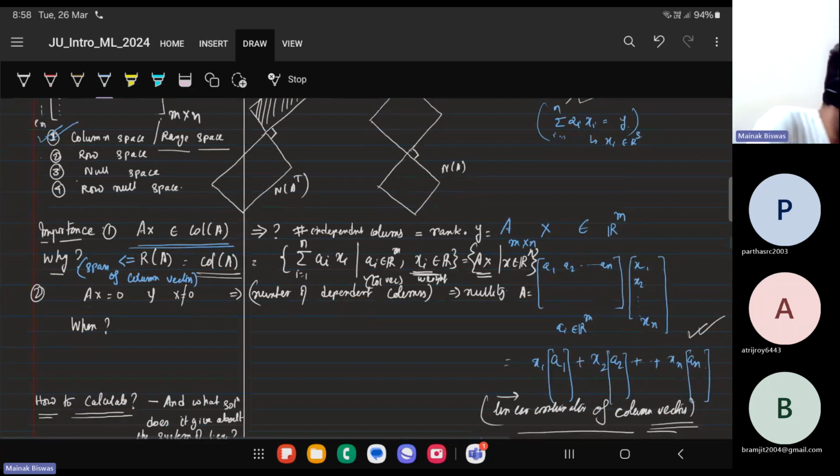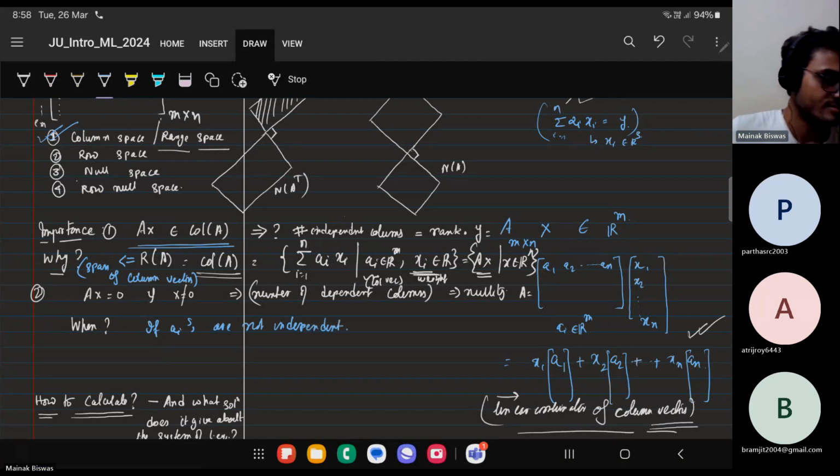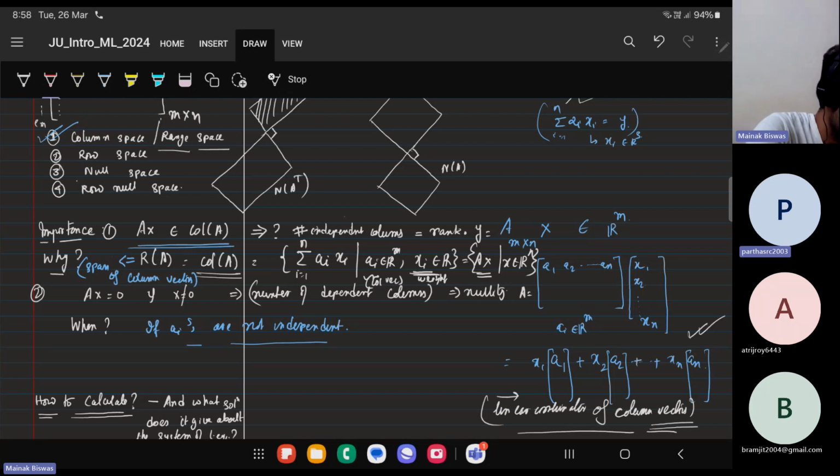Now if the Ais are not independent, then... Here I'll take the opportunity to give you a homework: show that range space is a subspace.